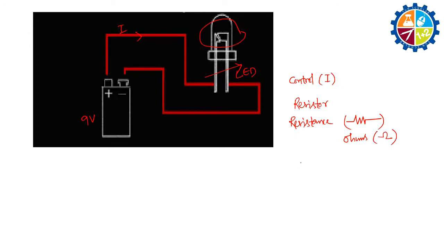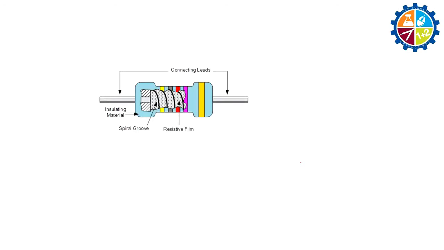Now let's see how a resistor looks from inside. Most common resistors are made of either carbon, metal, or a metal oxide film. So this is the film, a thin layer of conducting material. A thin layer of conducting material is wrapped in a helix around or covered by an insulating material.